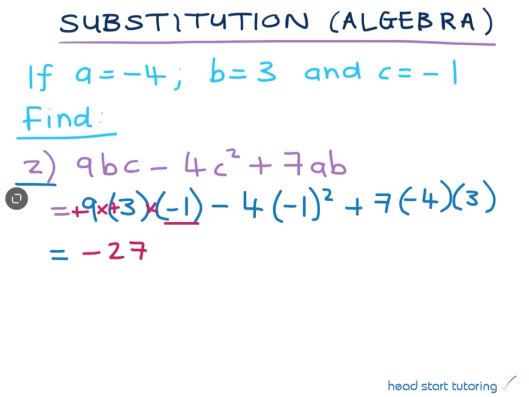I now deal with my -4 multiplied by -1 squared. So we need to first deal with -1 squared. -1 times -1 will give us a value of +1. And we multiply -4 by +1 to get -4.